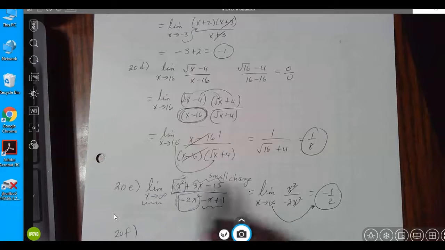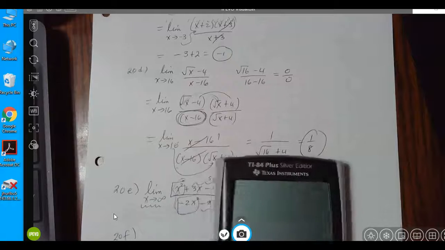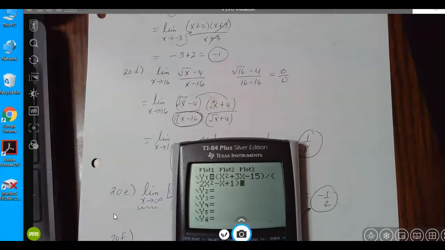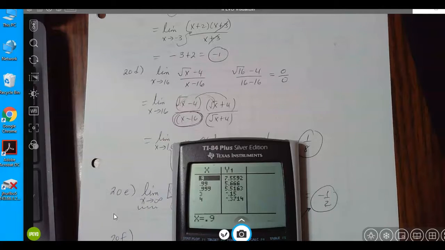If you were to type this into your calculator, go to y equals, and make sure you put parentheses, so you have x squared plus 3x minus 15 divided by, again, parentheses, -2x squared minus x plus 1. Now I'm going to go to the table and change it to ask mode if you haven't already done so.